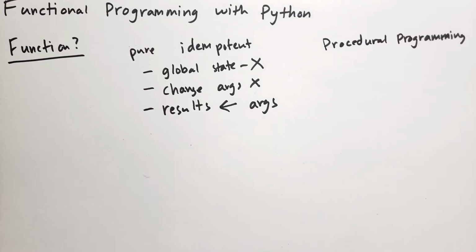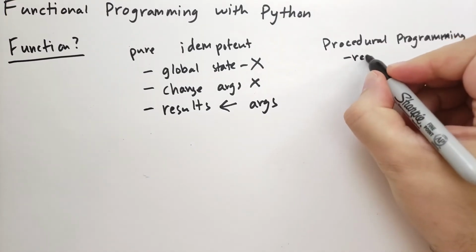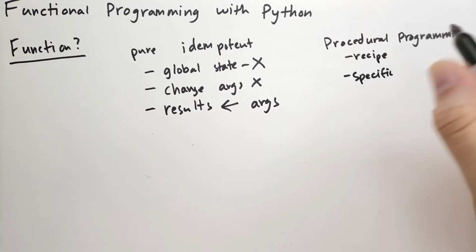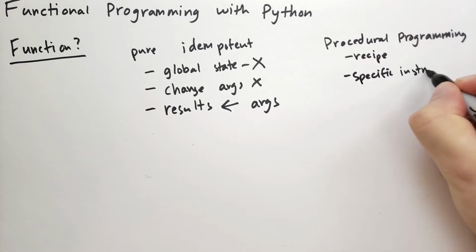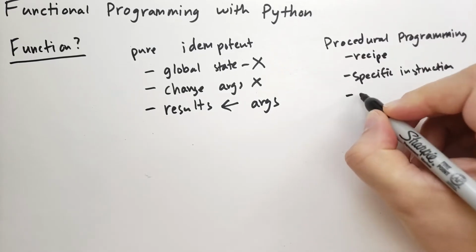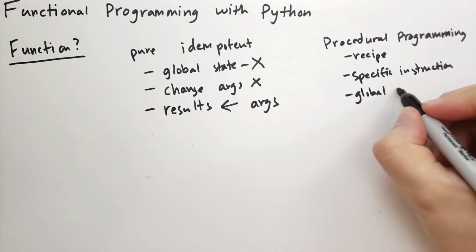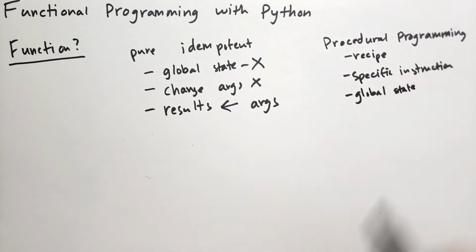In the procedural programming paradigm, you think of programs like a recipe. You give specific instructions on what to do and how to do it. You have a global state that you're modifying, and you often think in terms of how things are changing over time, rather than what methods or functions you're calling to accomplish the purpose or derive the result you want.